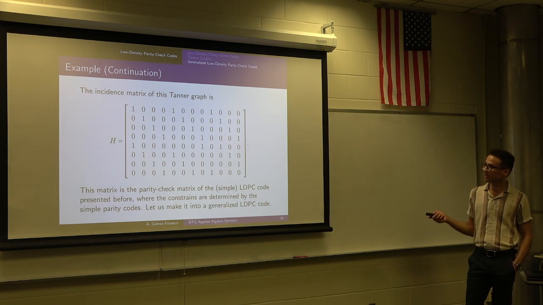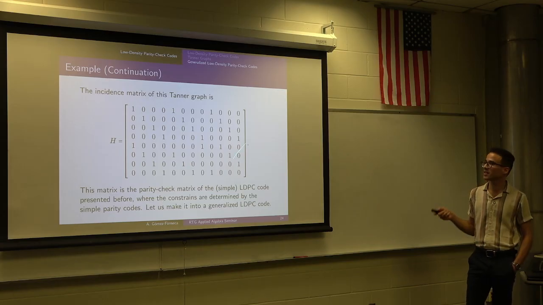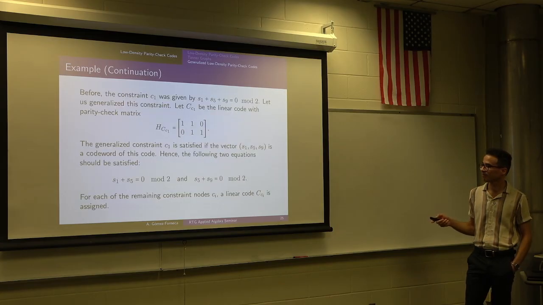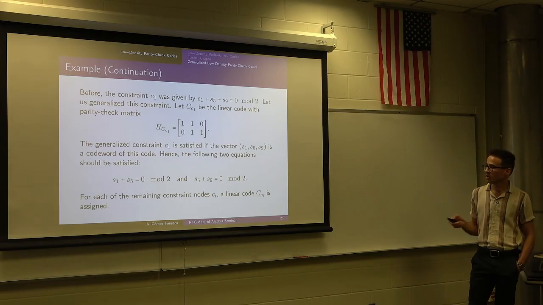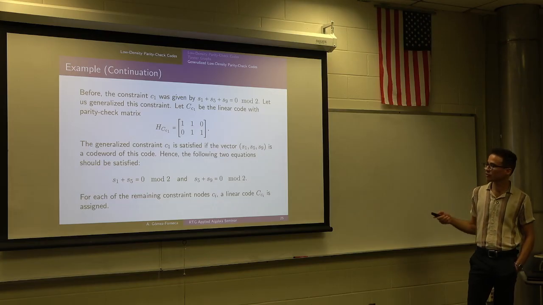If we generalize these constraints, this is no longer the parity check matrix of our code. Before, the constraint C1 was given by this summation, and it has to be equal to 0 modulo 2. So we have S1, S5, and S9. So the first, the fifth, and the ninth coordinates are going to give you a binary vector of length 3. So you have to choose a linear code that has block length 3.